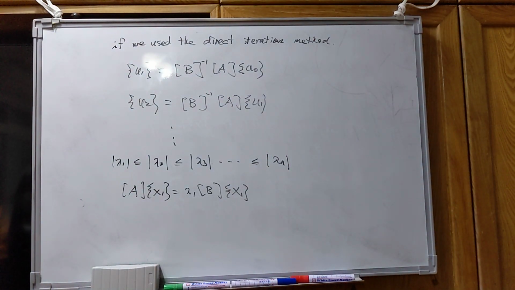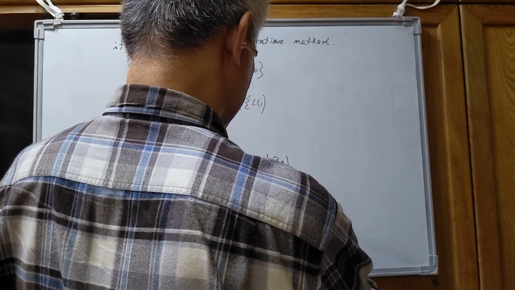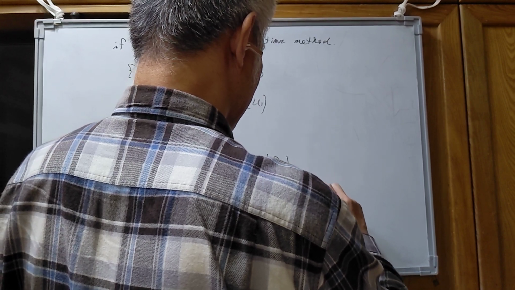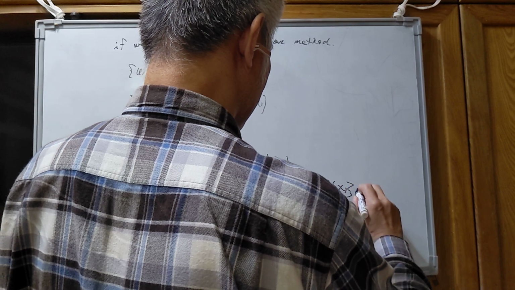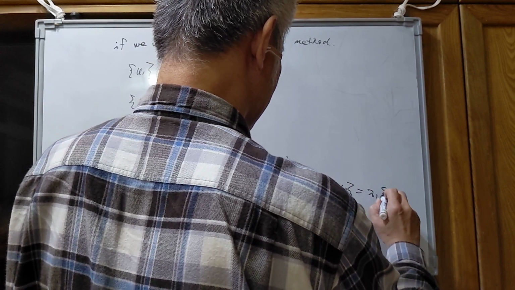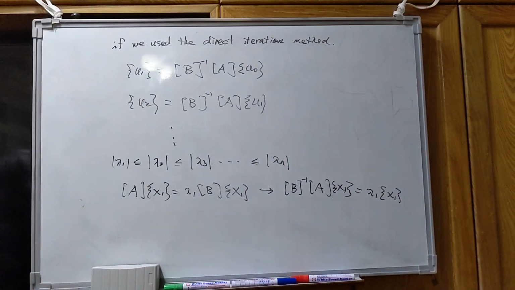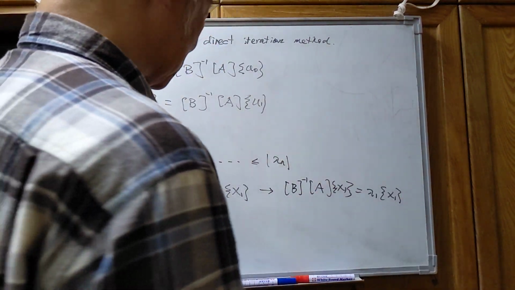B inverse A x1. If we calculate B inverse A x1, it will give you lambda 1 x1.